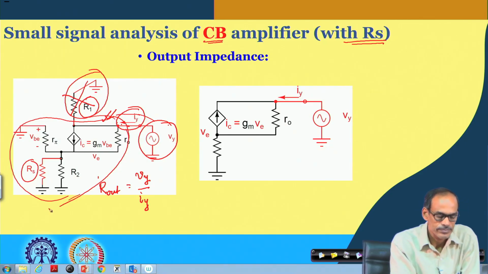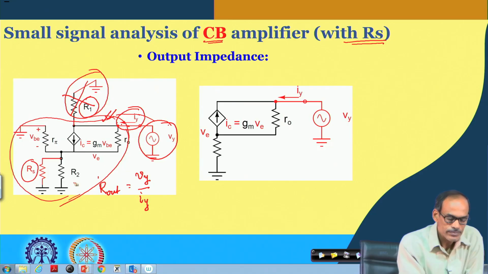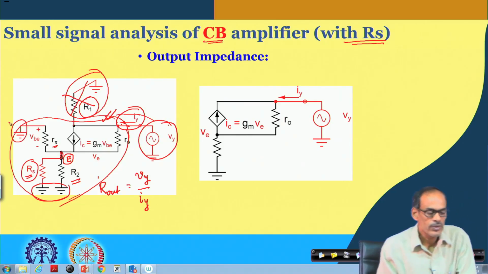lower part. Further, this R 2, R s and R pi are all connected to the emitter node, and the other ends of those resistors are connected to ground.